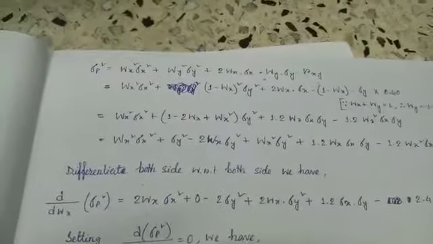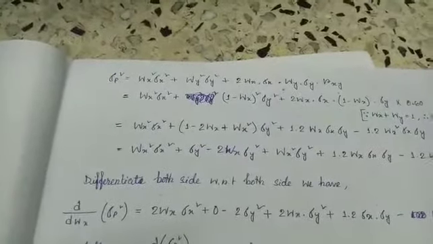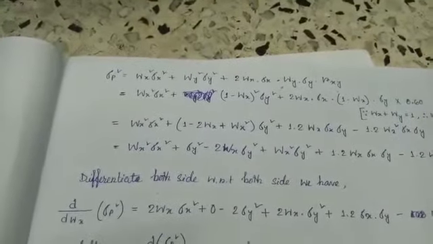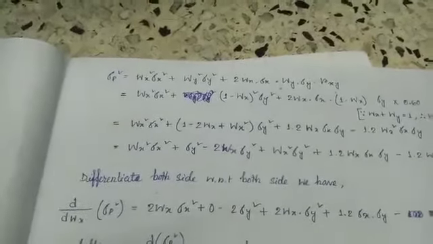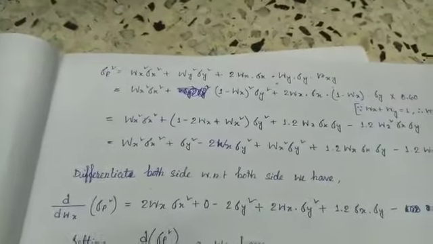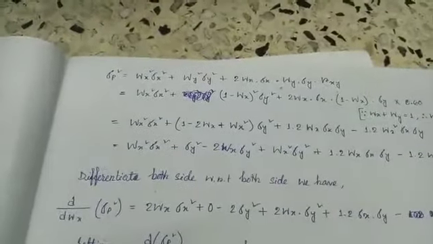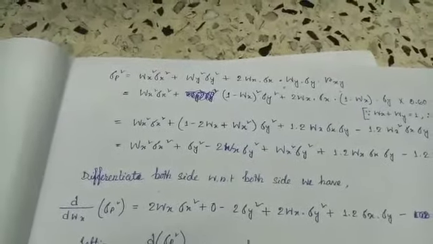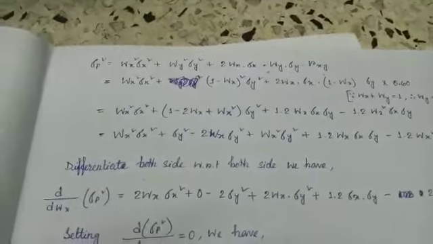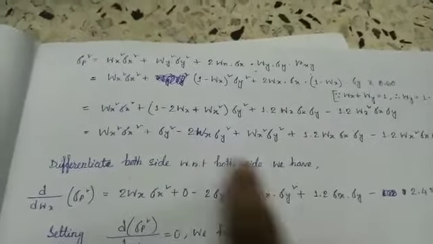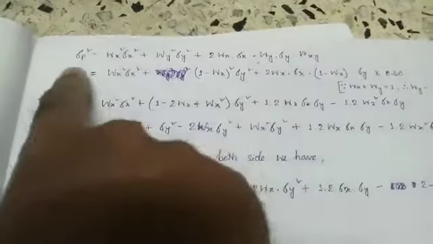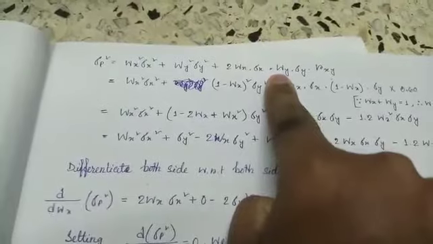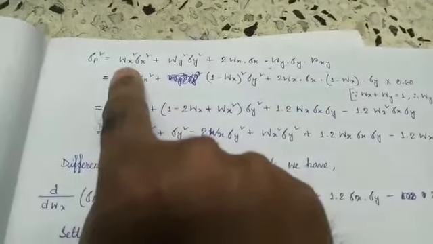We know that the variance of the portfolio is calculated by applying the formula wx square into sigma x square plus wy square into sigma y square plus 2 wx into sigma x into wy into sigma y into rxy. Now in the formula of that variance function, there are two variables, wx and wy.